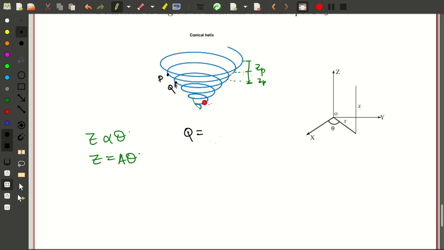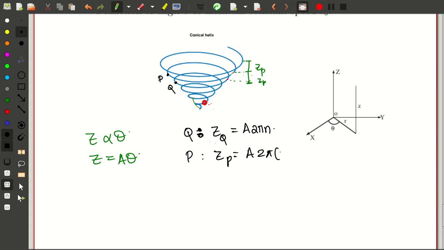Let's say this point is coming after n turns. So for Q, the height from the base, in terms of z, I am writing as ZQ equal to a times 2 pi n. So theta I am substituting as 2 pi n. And for P, let it be Zp, equal to a times 2 pi (n plus 1).